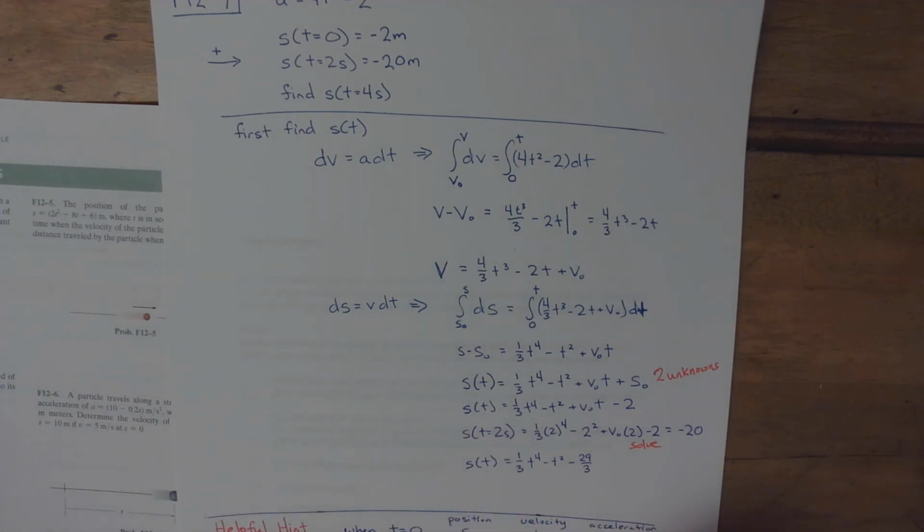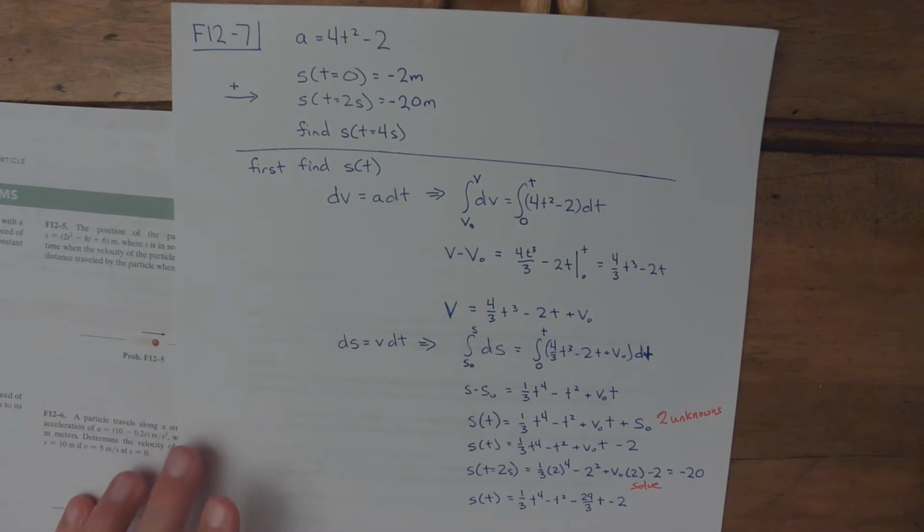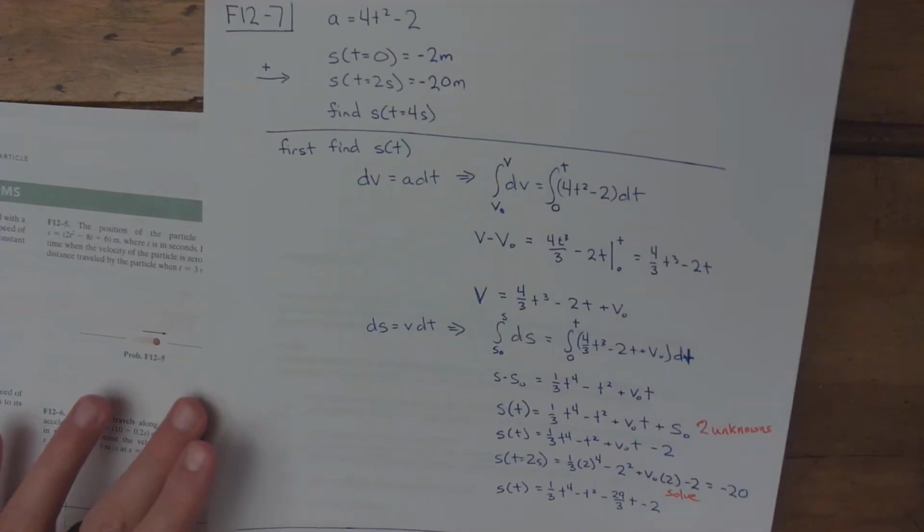You can use that negative 9.67 if you want to. That doesn't matter to me what you do for that. Okay, so now we have the position as a function of time, and we can just go ahead and put the 4 seconds in and see what we get.